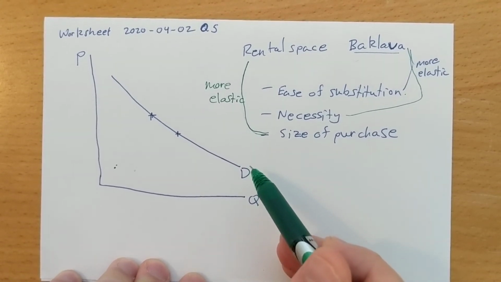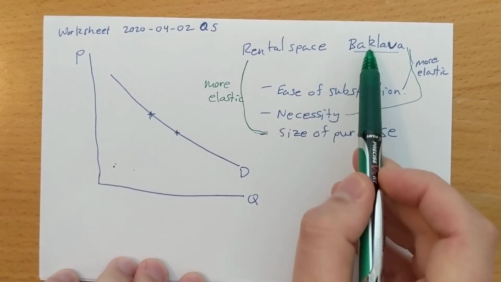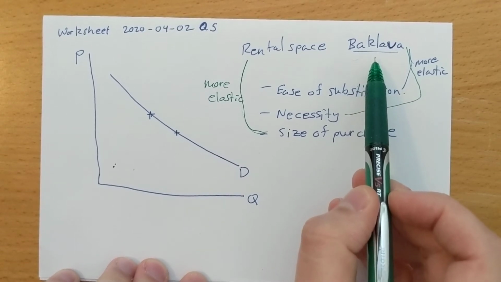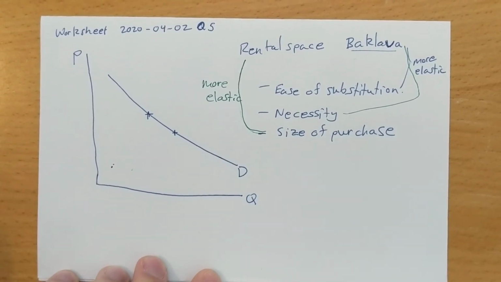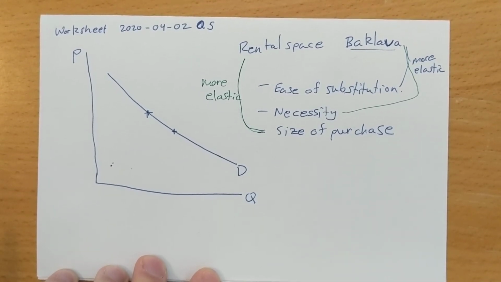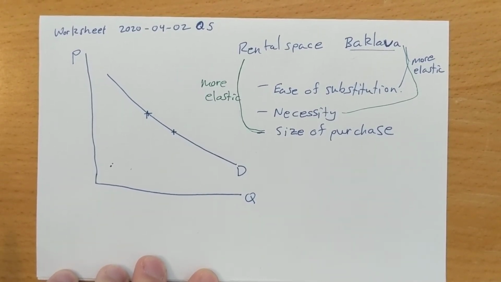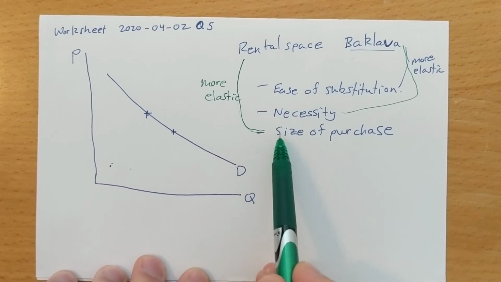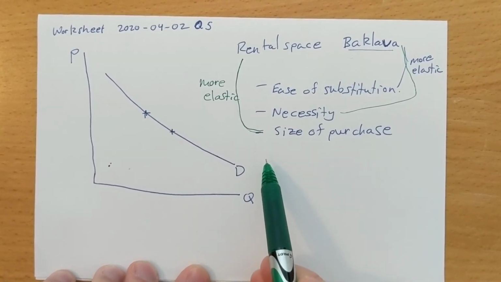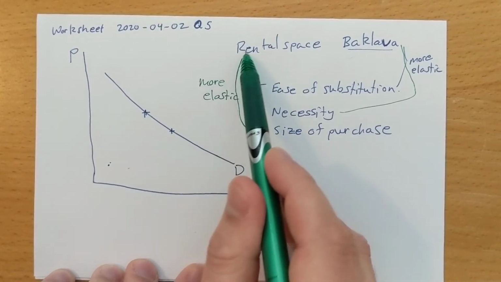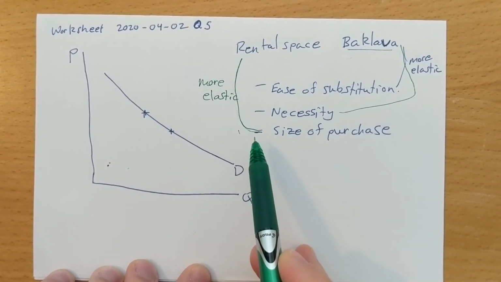That's a lot of stuff to buy less of. If the price of baklava goes up by 20% from $1 to $1.20, then I have to buy 20 cents less of other stuff, which isn't a big impact on my life. But that $200 less of stuff is a huge impact on my life, and so I'll be very responsive to that price increase. So that makes this demand more elastic.